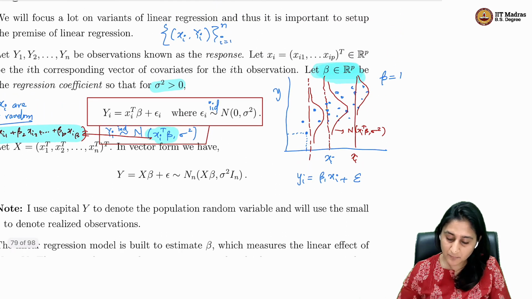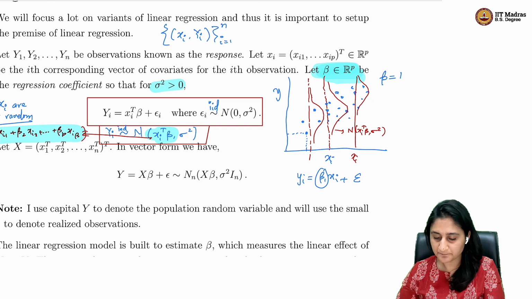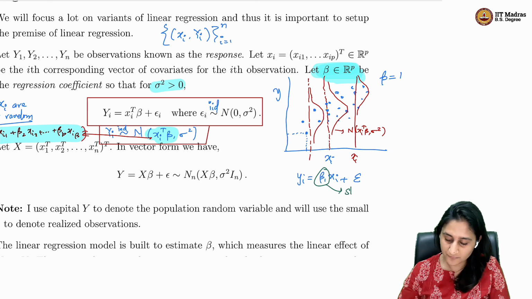And so in this way, I want to find the best possible value of this beta 1, which corresponds to the slope of a line. But currently I'm thinking of zero intercept.